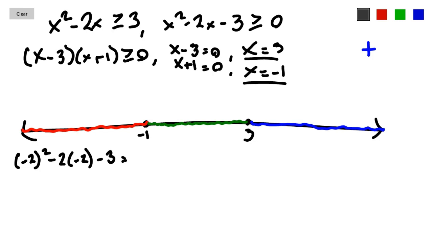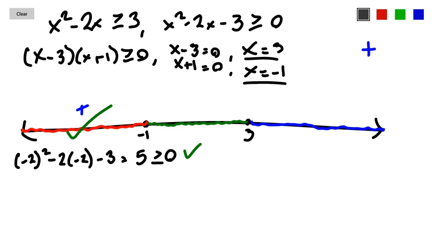So negative 2 squared gives me 4, plus 4, minus 3 is 5. And this is, in fact, greater than or equal to 0. So we know that we get positive values for anything that we plug in to the first interval here. And so it's good to go. It checks. Now for the second one, the easiest one to pick is 0.